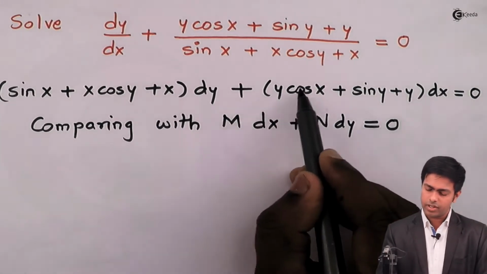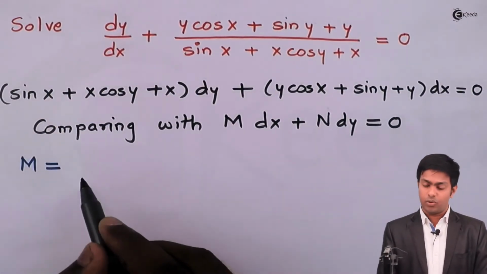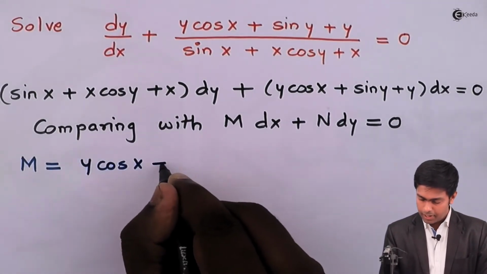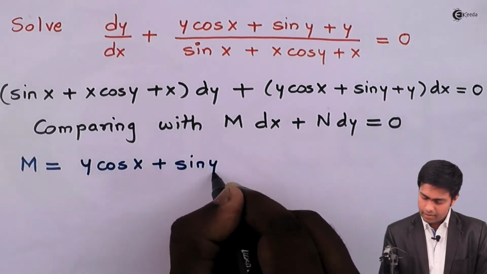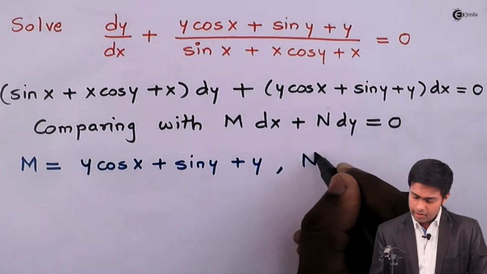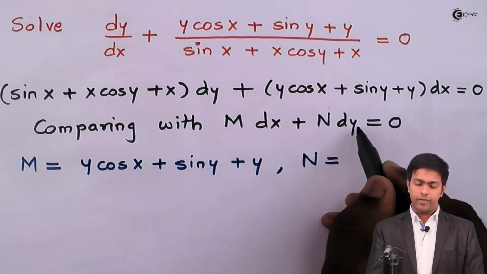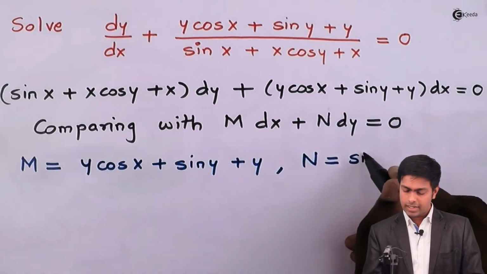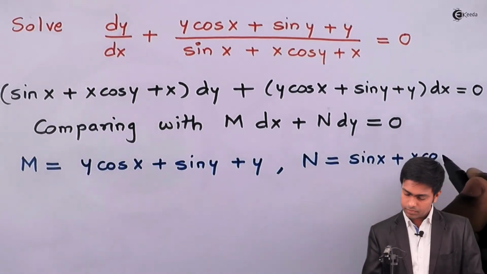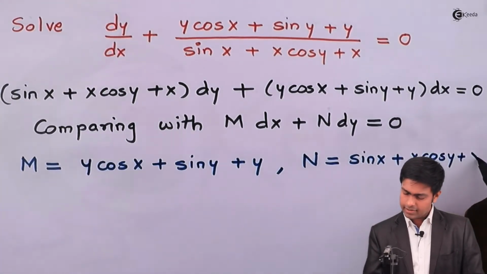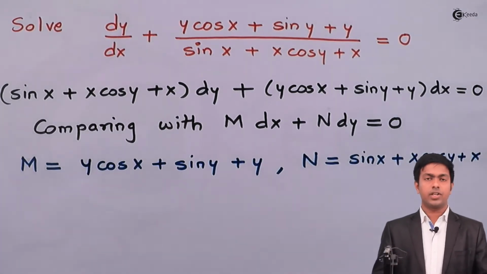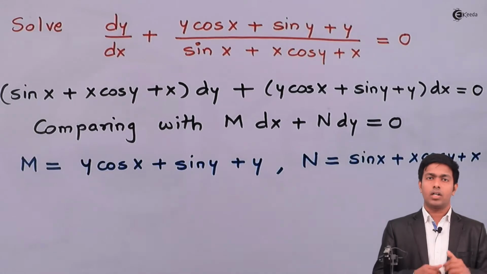So M is equal to y cos x plus sin y plus y, and N is the term with dy, so it is equal to sin x plus x cos y plus x.